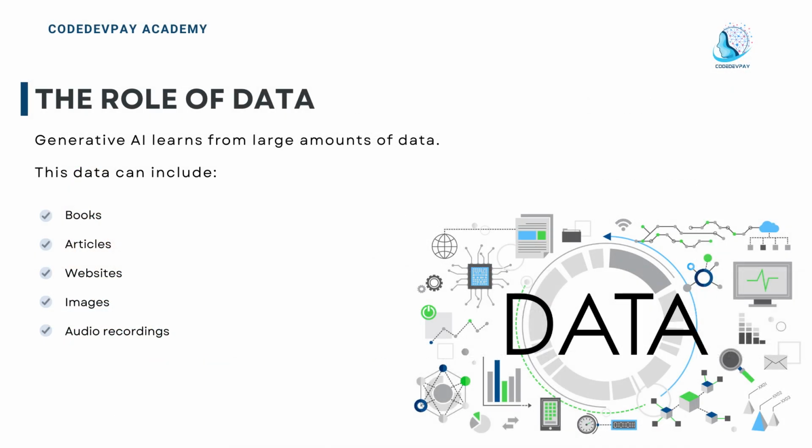Now let's look at the role of data in generative AI. Generative AI learns from large amounts of data, and this data can include books, articles, images, audio recordings, websites, and so on.